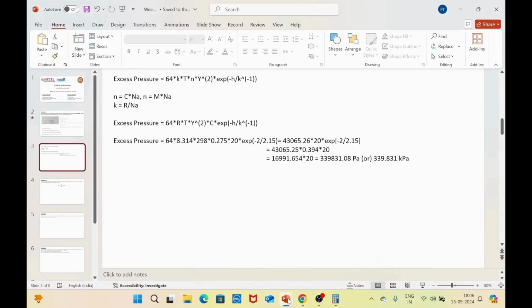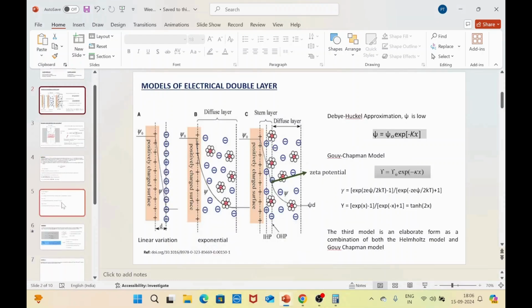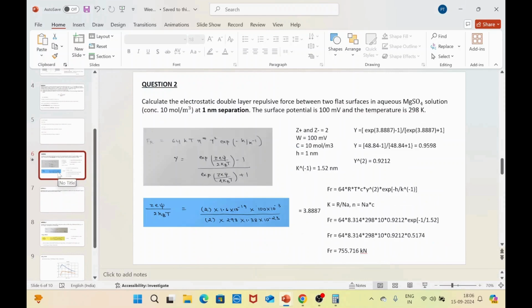So this question is very similar to what we solved in the last class, if you remember, and yes, it is uploaded on YouTube also. Here we were asked to calculate the electrostatic double layer repulsive force between two flat, planar surfaces in aqueous magnesium sulfate solution.